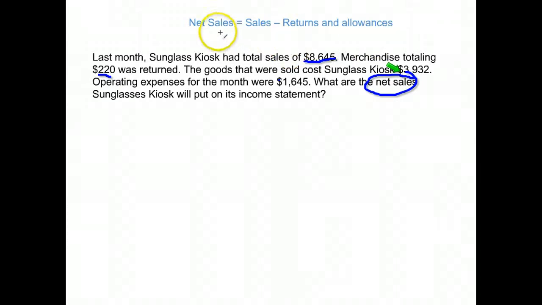Well, net sales are your total sales minus any returns that come back. So we're going to take the $8,645 minus the $220 of merchandise that were returned. When we do that, we get $8,425.